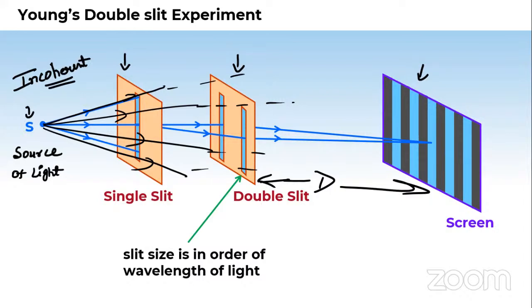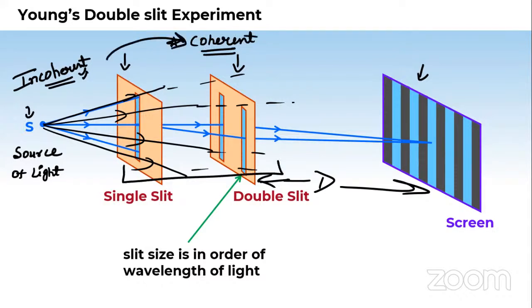Suppose we have an incoherent light source here, and the light rays pass through like this. This will not show interference because the strict condition for interference is that the source must be coherent. So for this to be converted, a mechanism has been implemented in between.